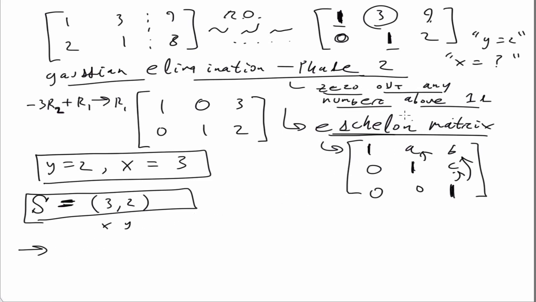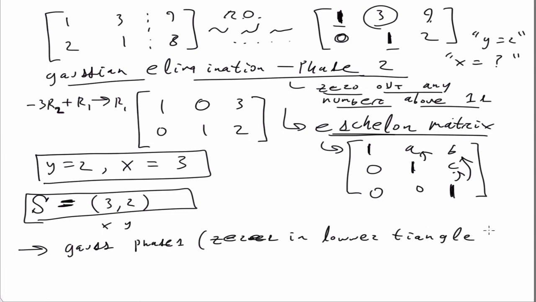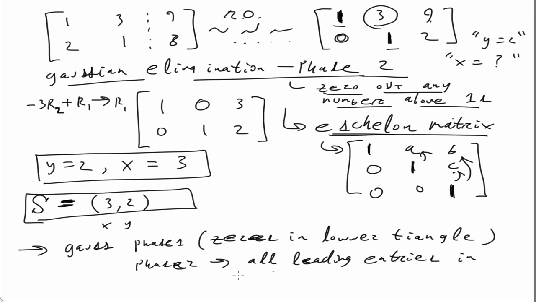When you do Gaussian elimination, phase 1 is zeros in the lower triangle, and then you do phase 2, and that is all leading entries in the echelon matrix.